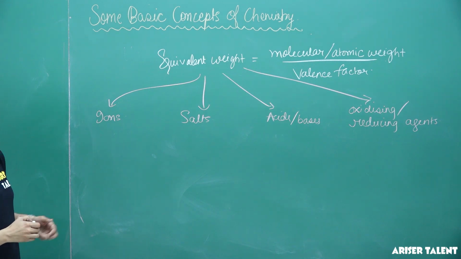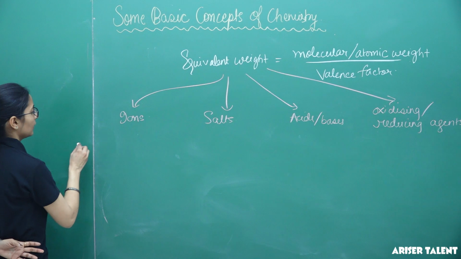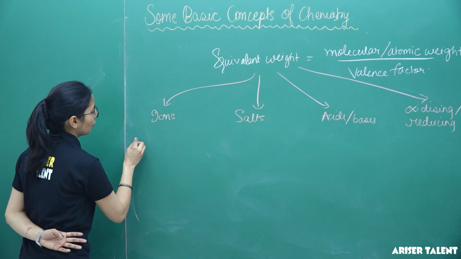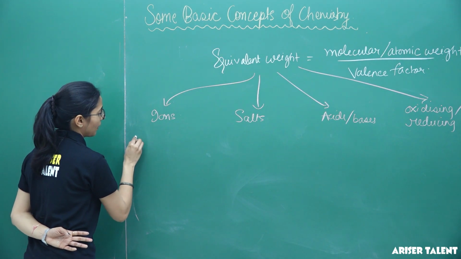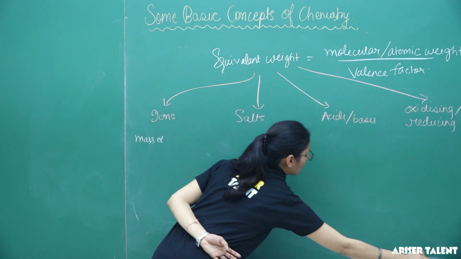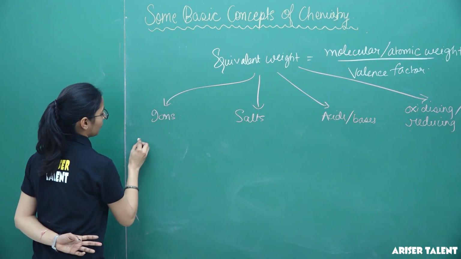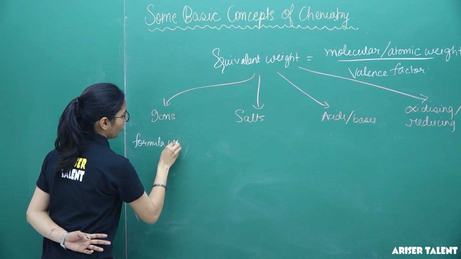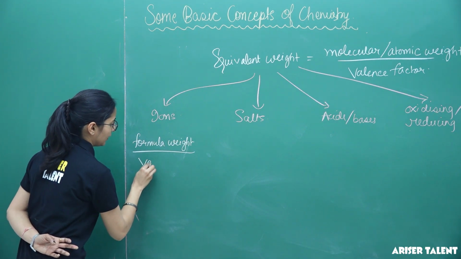Now, what will be the subsequent formulas for these particular things? You may see that equivalent weight, for ions, will be equal to the weight of ions or the mass of ions, or you can also write the formula weight, divided by the valency.